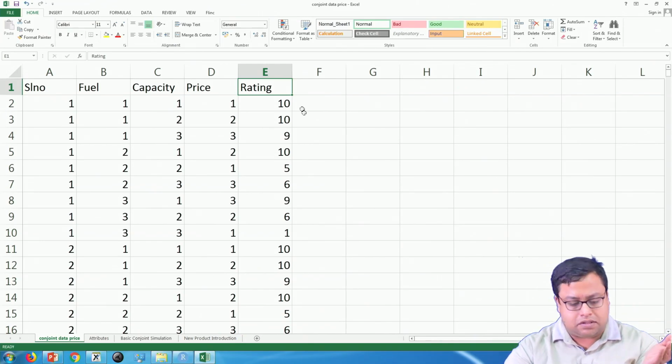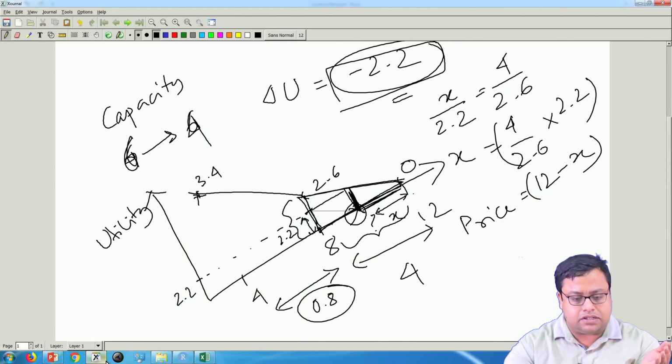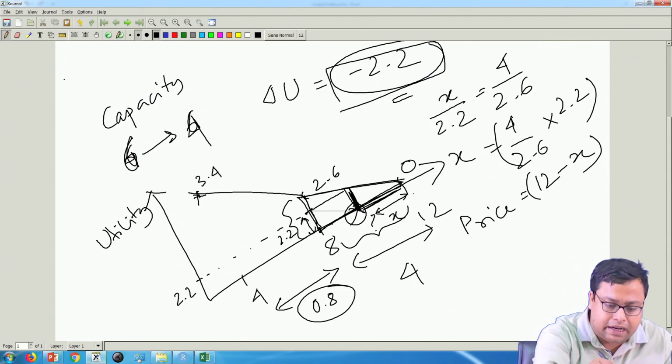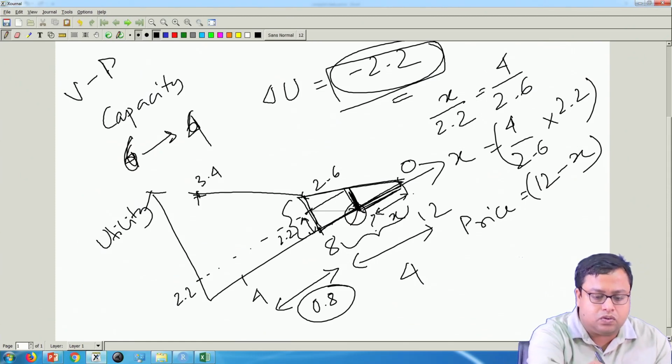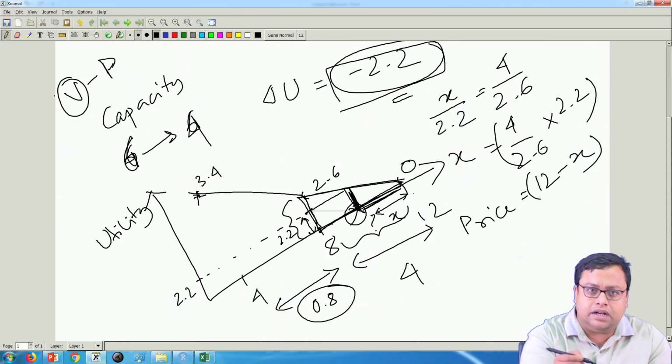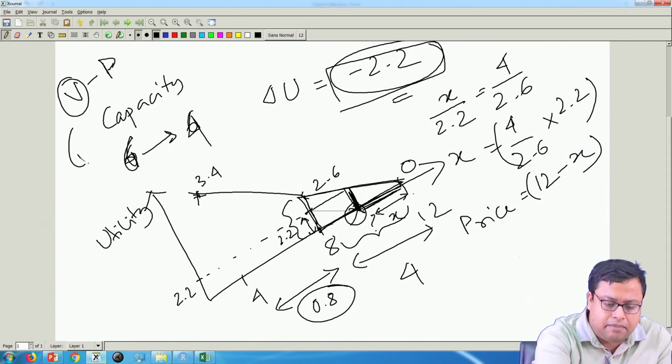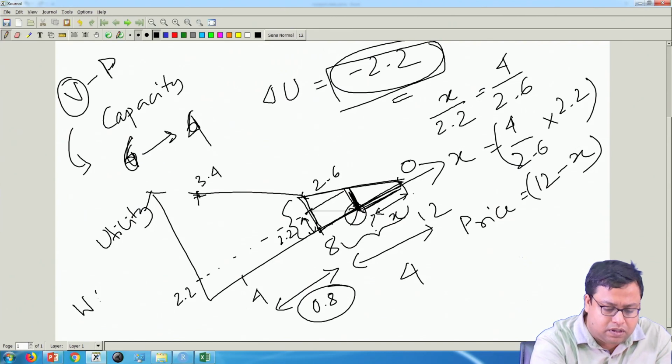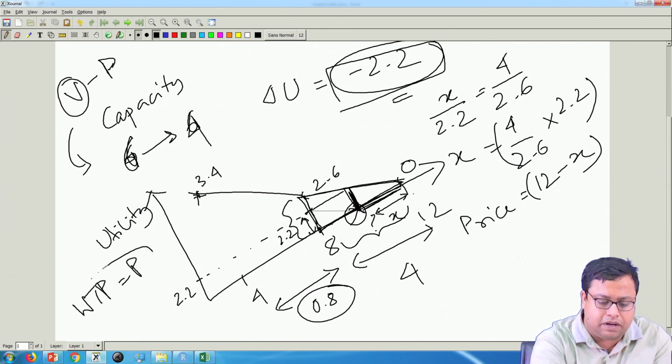If so, customers will try to maximize V minus P. We are trying to find out this V. Instead of that, we will find out the price component. We will say that WTP, willingness to pay, is equal to my price.